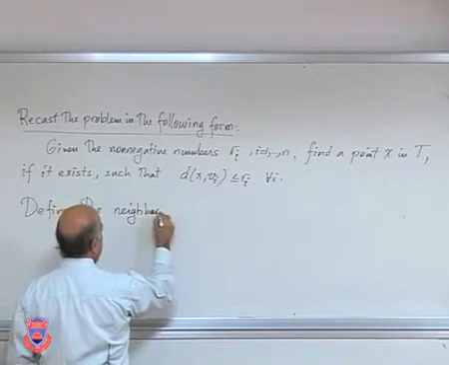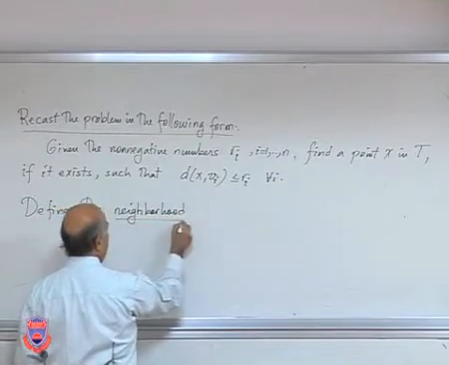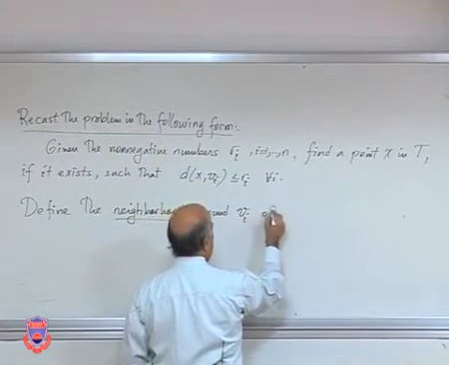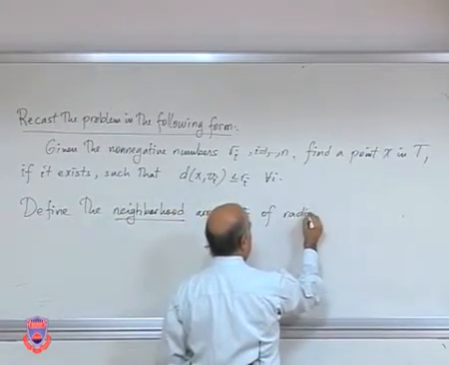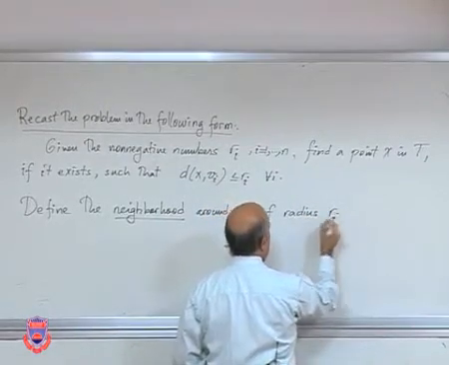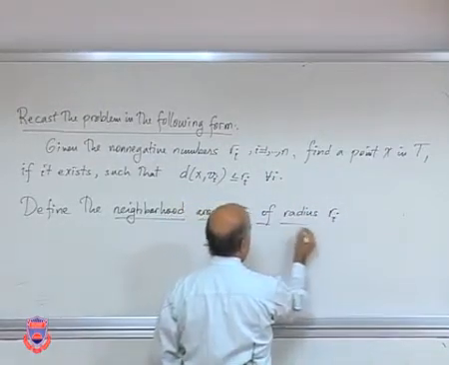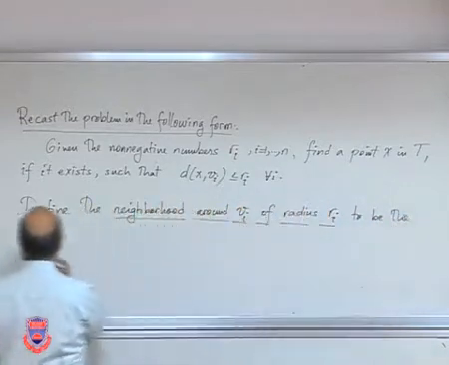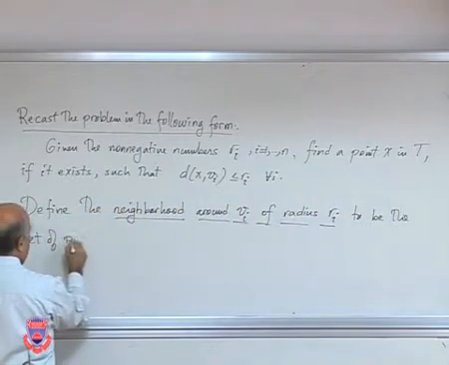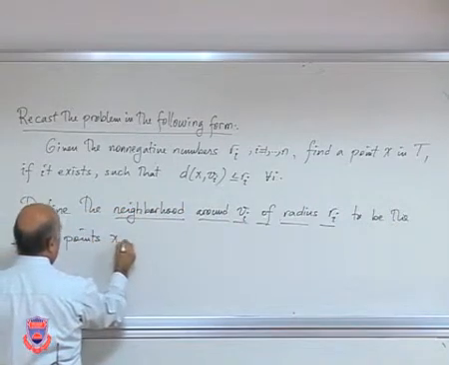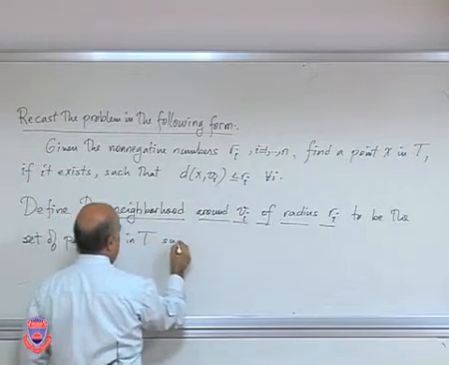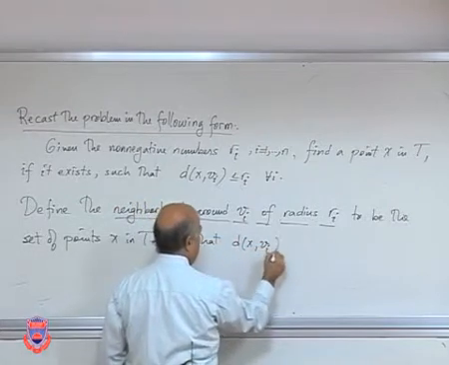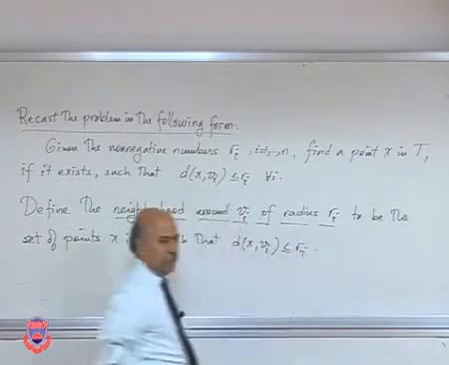Define the neighborhood around v_i of radius r_i to be the set of points x in T such that the distance of x and v_i is within the radius.